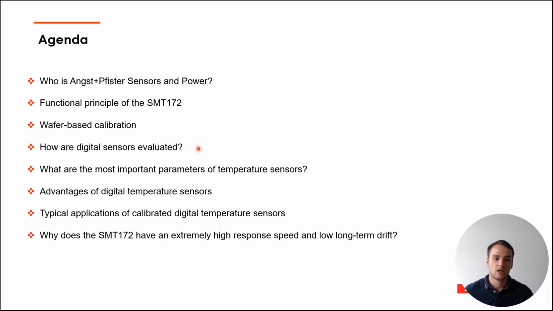The next step will be how digital sensors are evaluated and what the most important parameters of temperature sensors are. Afterwards I want to show you the advantages of digital temperature sensors, and last but not least I want to show you typical applications of calibrated digital temperature sensors and why the SMT172 has an extremely high response speed and a low long-term drift. I hope you enjoy it.